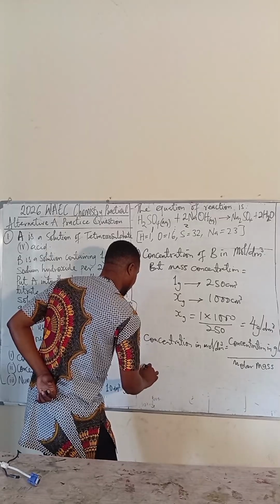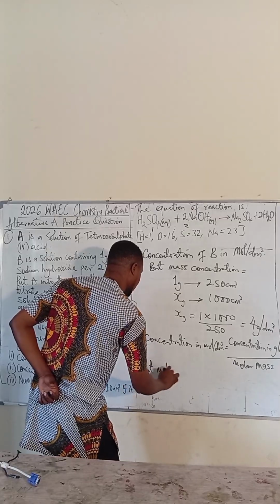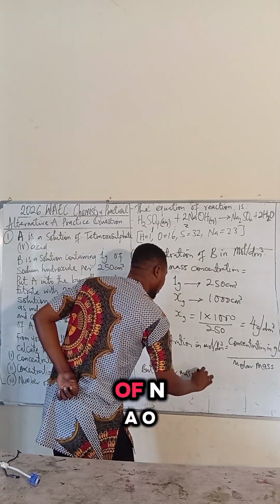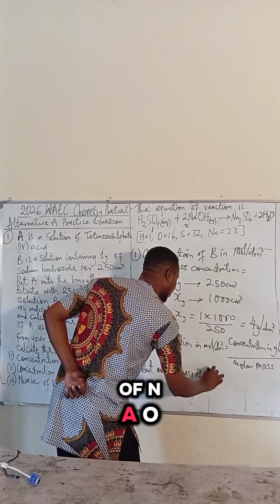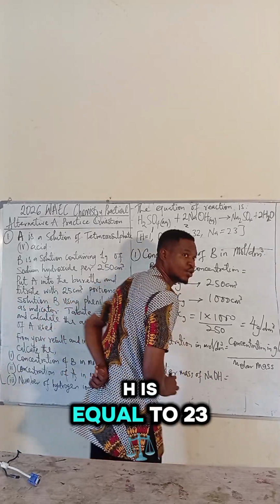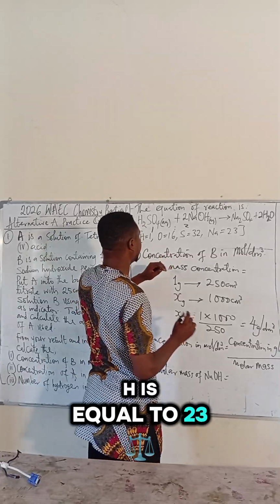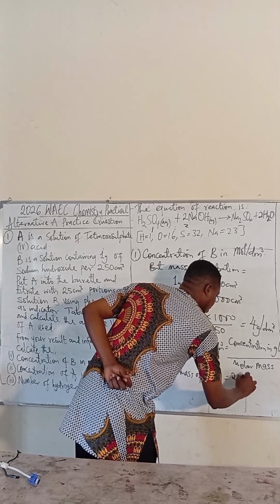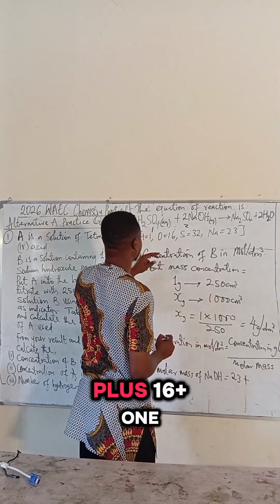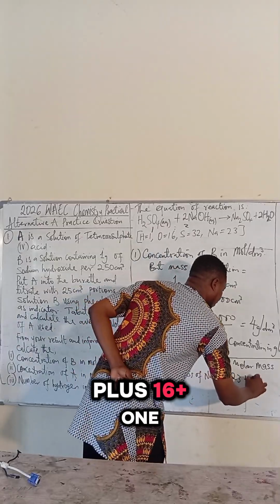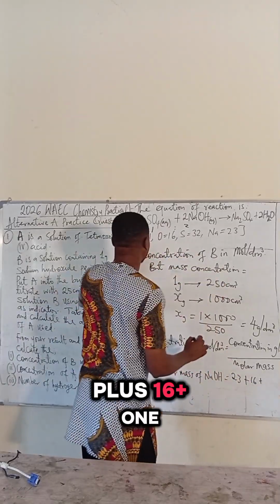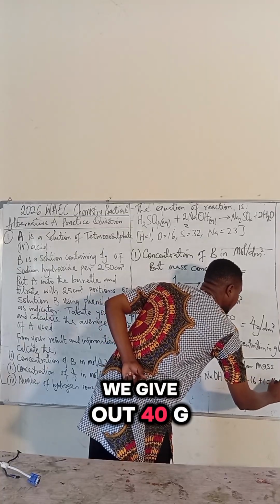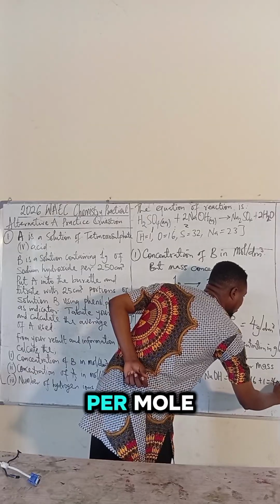But molar mass of NaOH is equal to 23 plus 16 plus 1 will give us 40 grams per mole.